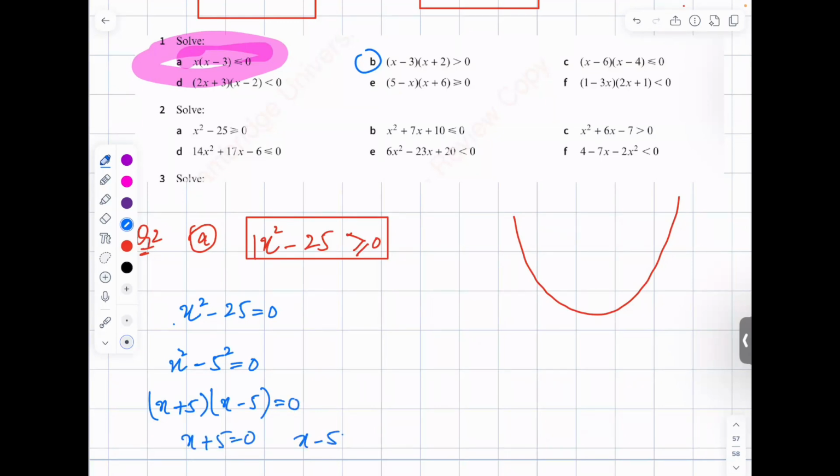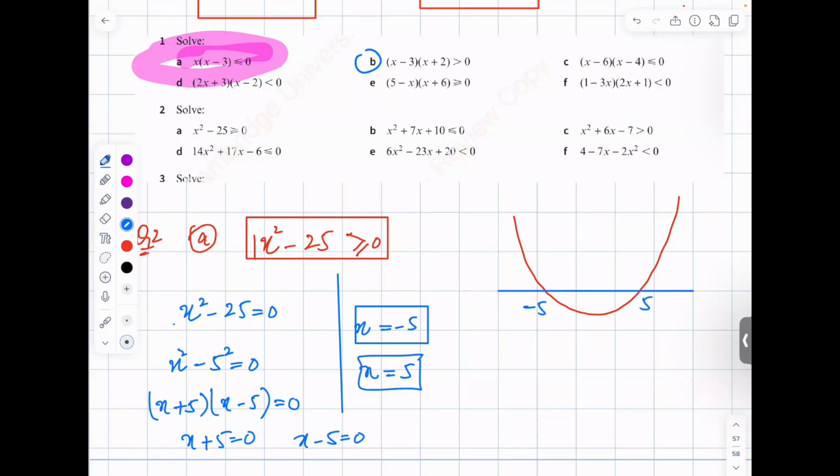So x is equal to minus 5 and x is equal to plus 5. So that means that we are talking about minus 5 and 5, right?